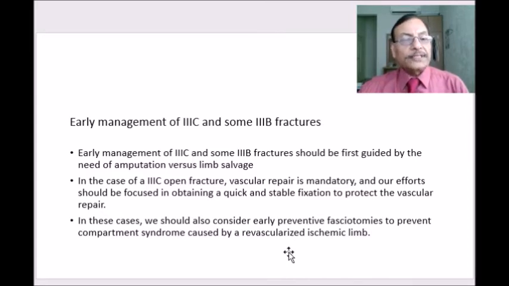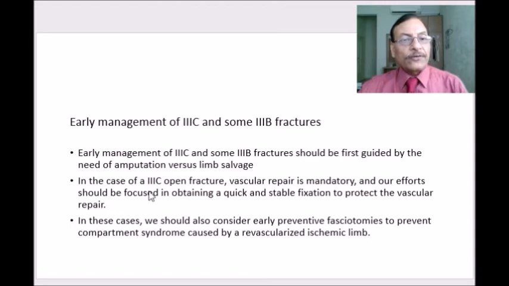So first, in the case of grade 3B and grade 3C, the focus should be on the need of amputation versus limb salvage. Can it be salvaged and can it be functional, or should it be amputated?